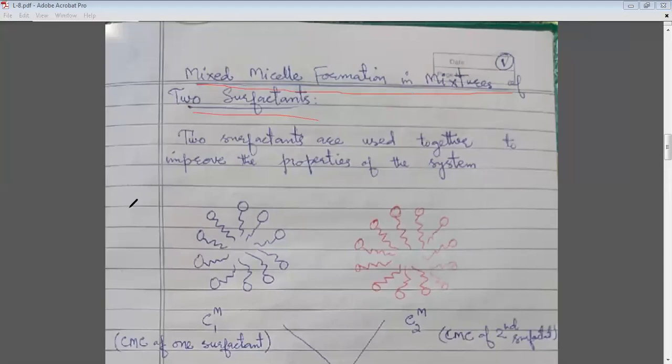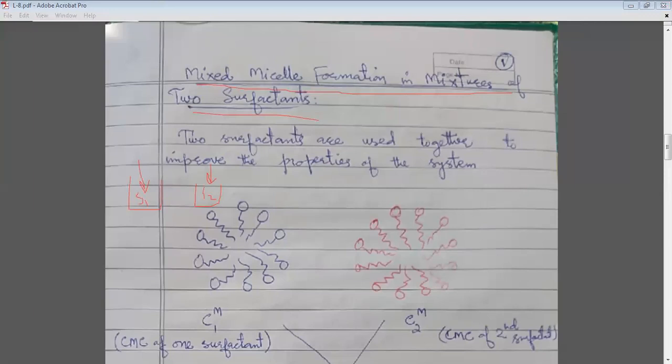Suppose you have two surfactants. Suppose this is surfactant 1. You have dissolved surfactant S1 into this beaker and S2 into this beaker, and you have increased the concentration up to the minimum concentration where they have formed micelles. I have just shown you these two structures, which are of two micelles.